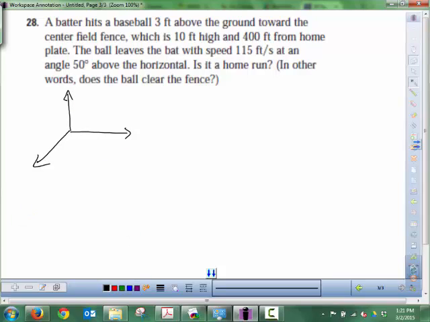So we're in 3 dimensions, and the fence is 400 feet away, so let's get a measurement of 400 feet. And then let's assume that this is a circular fence that's 10 feet high.